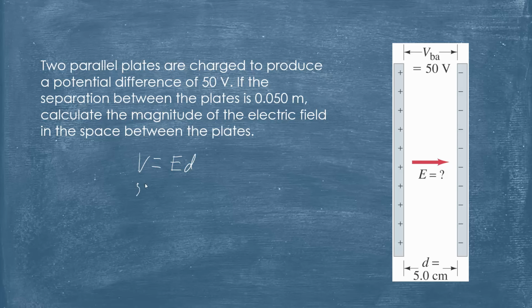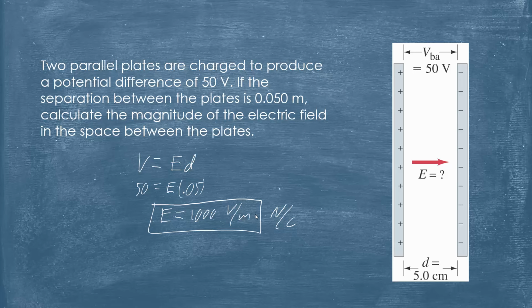So if you plug in 50 for your voltage, and you've got your distance of 5 centimeters, so that's 0.05, then you can solve for the electric field. It's going to come out to be 1,000, and the units here are volts per meter, and that is another unit for the electric field. We've also had our electric fields typically in newtons per coulomb, but that is equivalent to volts per meter, just another way of looking at an electric field.